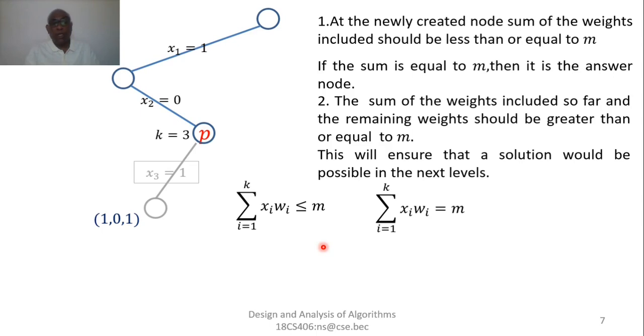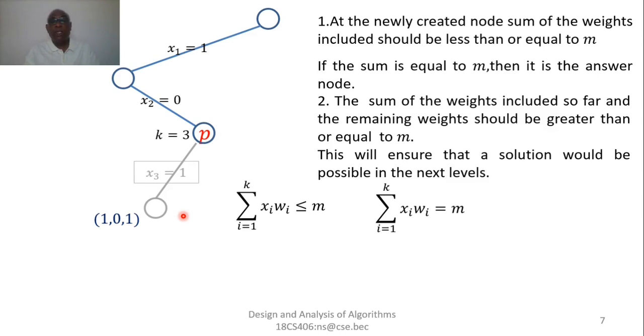And if it is not greater than or equal to m, we will not be able to find a solution because the remaining weights added to the existing sum will not guarantee a minimum weight of m. And we want to achieve a minimum weight of m as a solution to this problem.